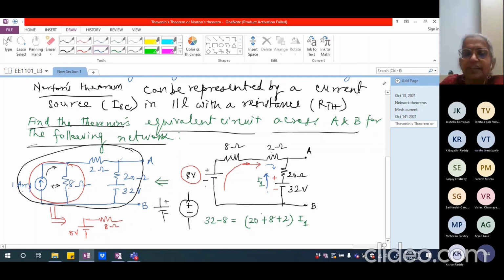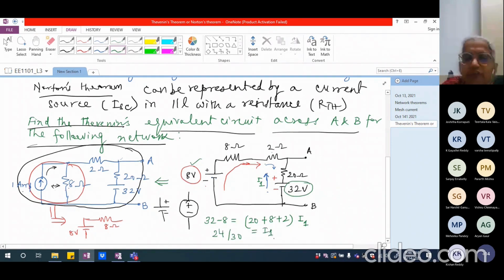I'm just applying KVL. There is only one loop, nothing more than that. So I can say total resistance available is 30 ohm and the current that is flowing is I1, which will flow in this direction because this voltage will dominate over this voltage because this is smaller. So I'm going to have 24 divided by 30 is equal to I1.